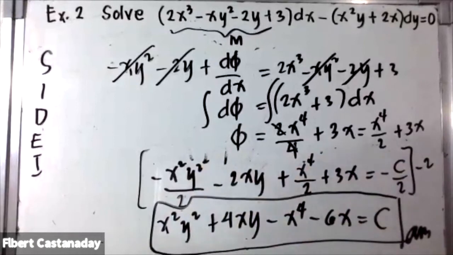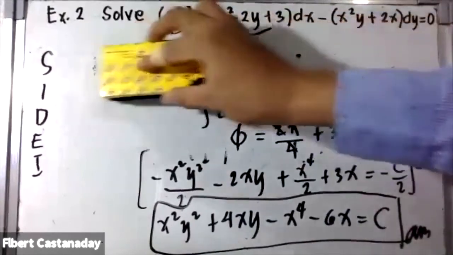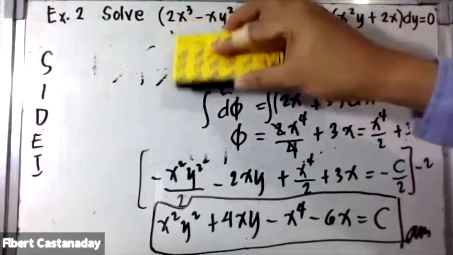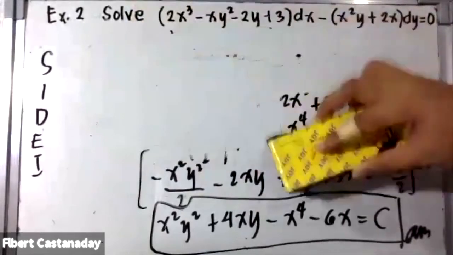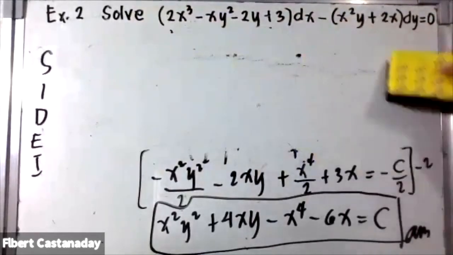Now we try to use another method, which is the shortcut. So we erase now this part of our solution to show you another way of solving an exact DE.